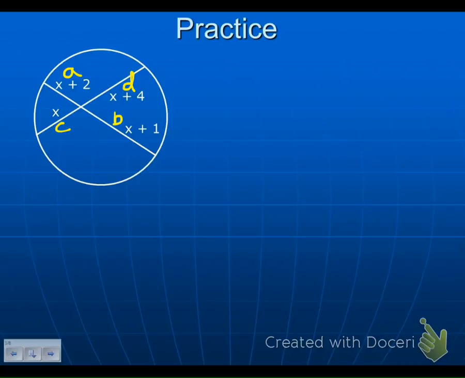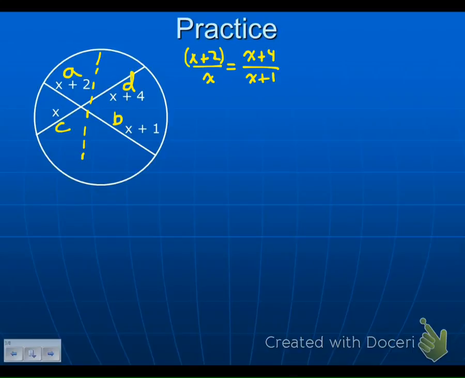Proportion says A over C, so x plus 2 over x equals D over B, x plus 4 over x plus 1. If you don't see that, if you're still wondering where he's getting this, just draw it down the middle. And there you go, you got your 2 sides, the top A and the top D, bottom C, bottom B.